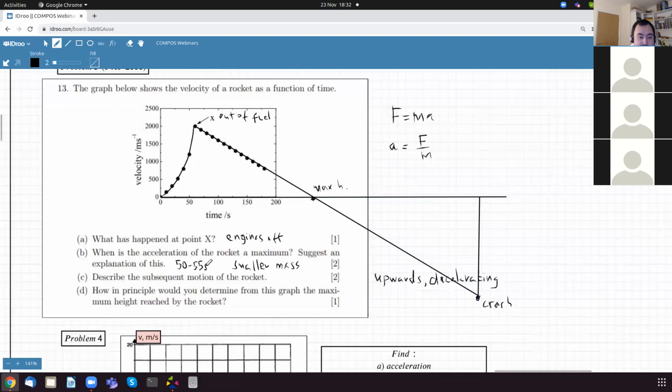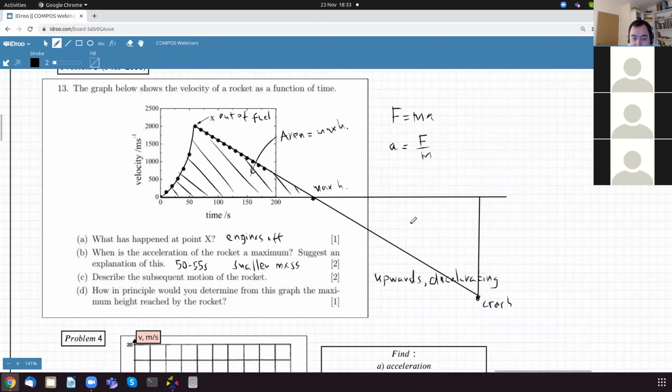And the interesting thing, describe how in principle would you determine from the graph the maximum height reached by the rocket? Well, the maximum height is equal to the area under this part of the graph. To determine the max height, we just look at the area.